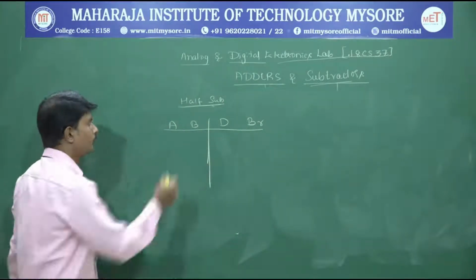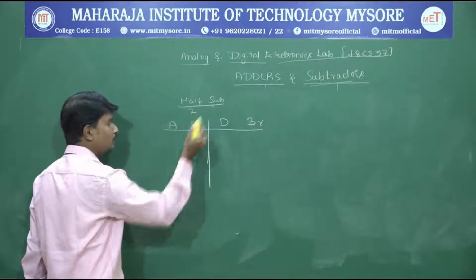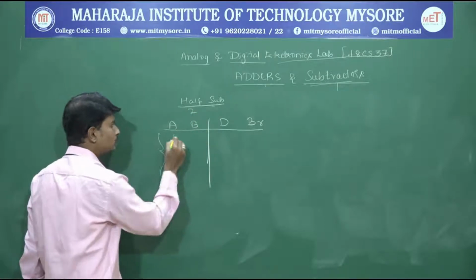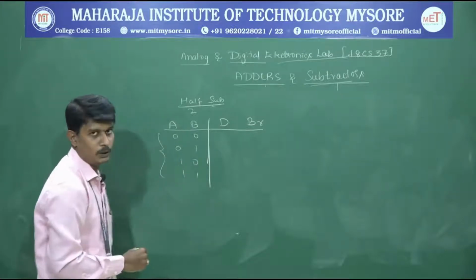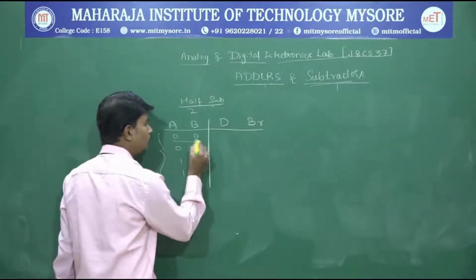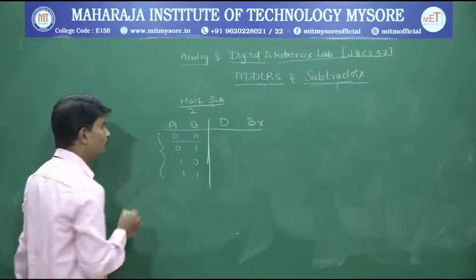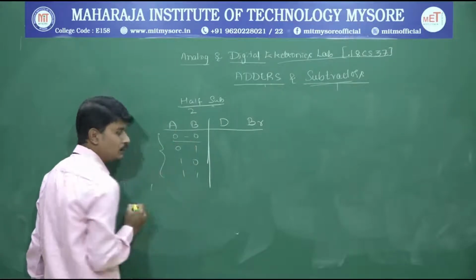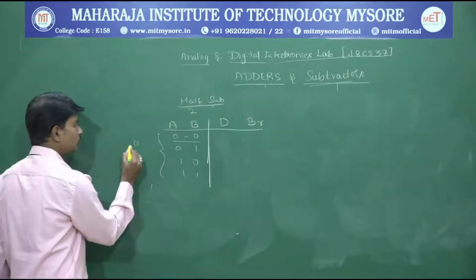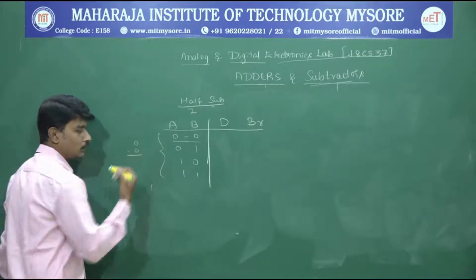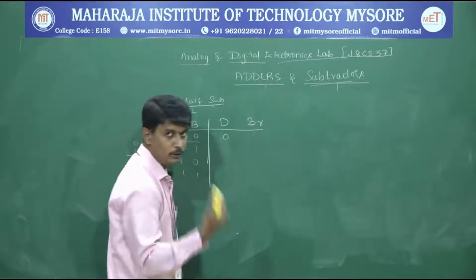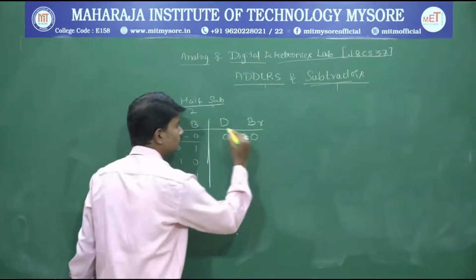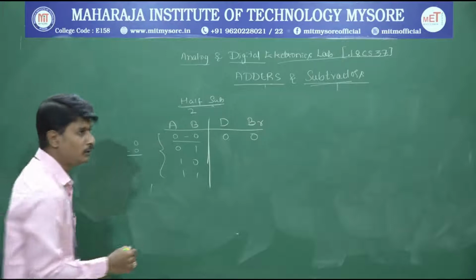Two input variables means four different combinations, which are 0 0, 0 1, 1 0 and 1 1. If I subtract 0 minus 0, the difference is also 0, and I don't need any borrow for that. So I'm just going to write 0 0.